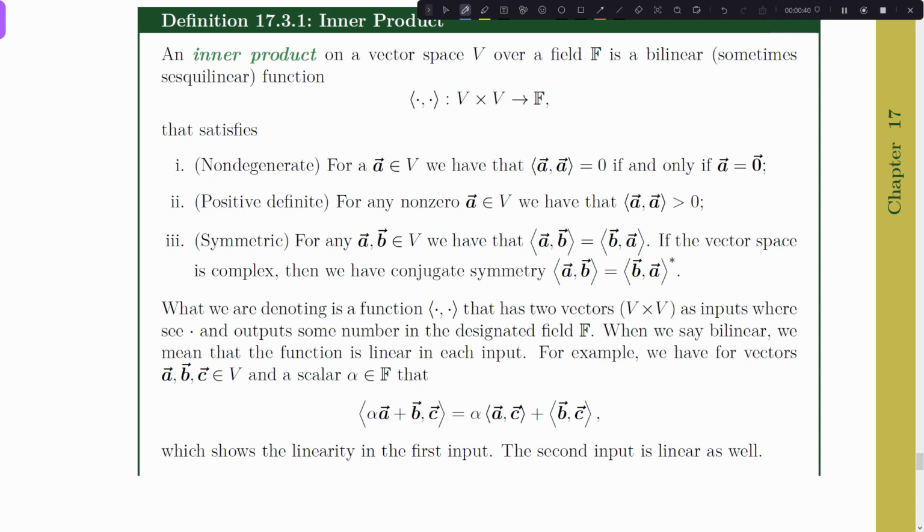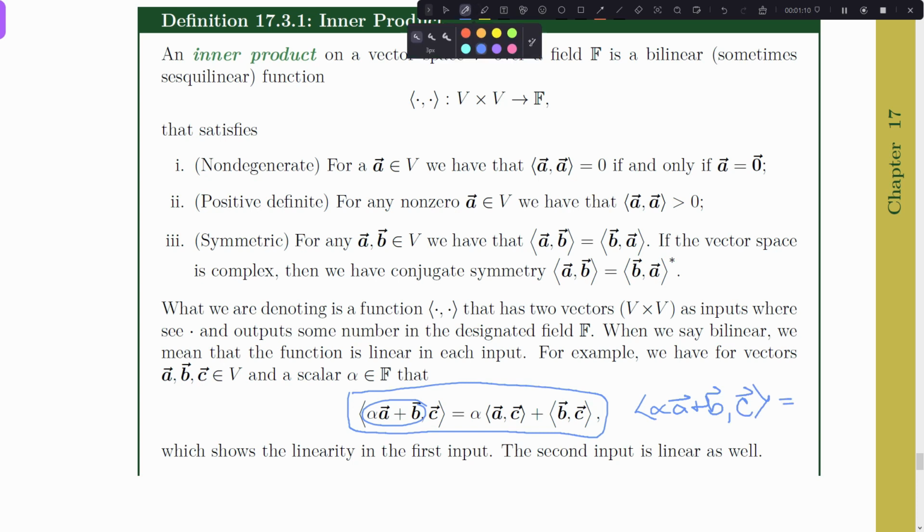And then finally we have this property. This is really the bilinear property or sesquilinear property, because if I put a linear combination into one part of the inner product, alpha A plus B comma C, what happens is we're allowed to split over addition.